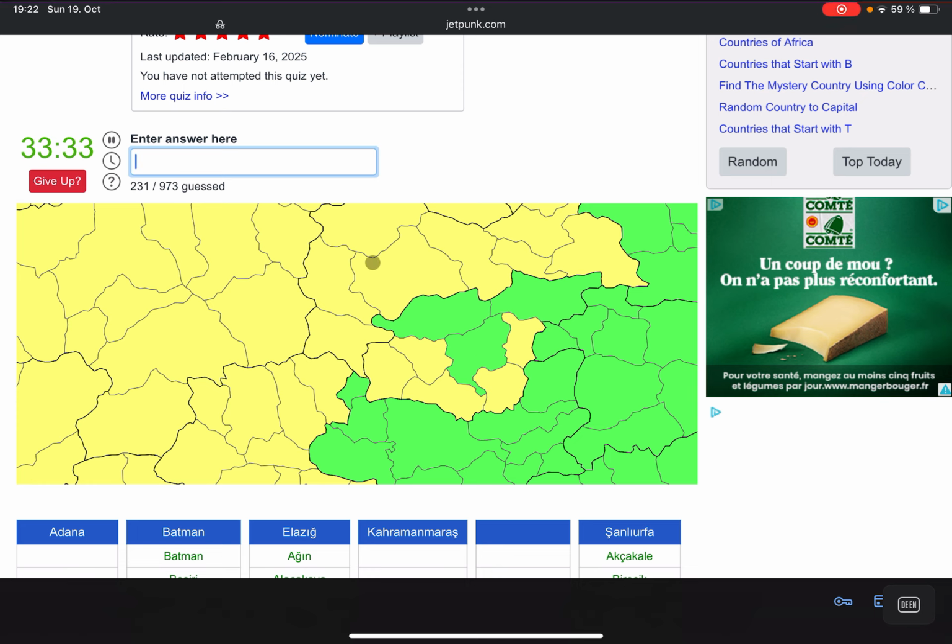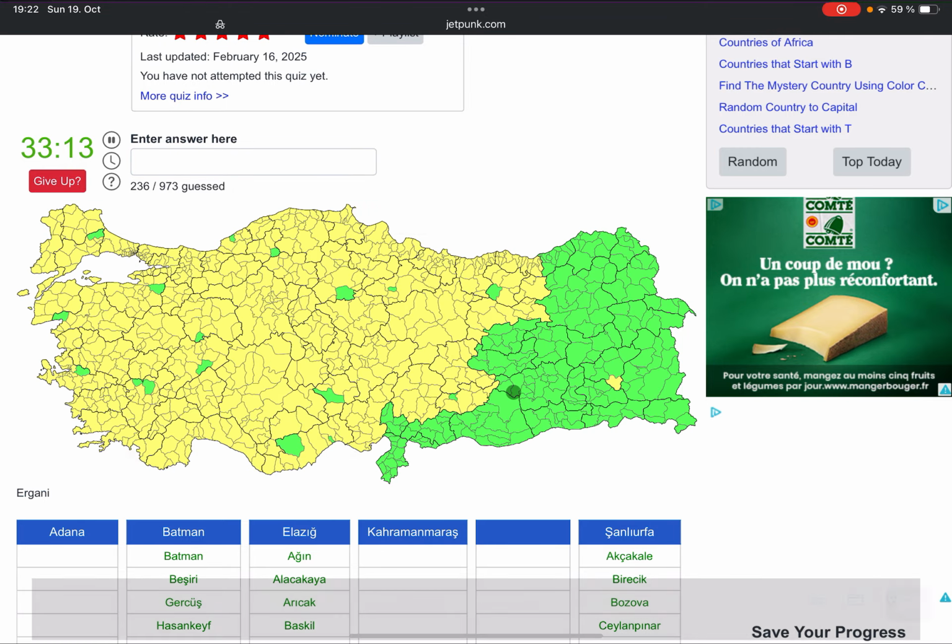But anyways, so Nazımiye, here this should be Hozat, Çemişgezek, Pertek, and this is Mazgirt, not to be confused with Malazgirt that we had before in Muş.